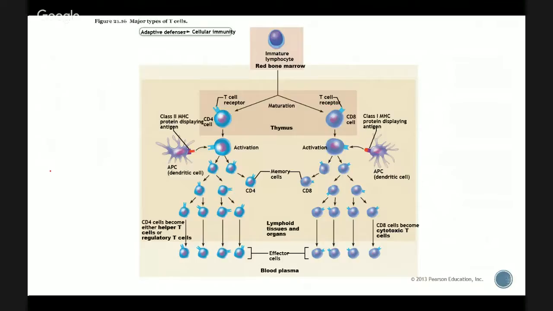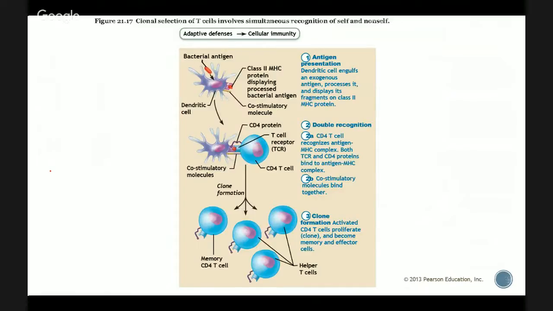All right, so as we said before, when we get the T cell to bind to something, it has to accomplish that double recognition process. All right. So first of all, if we look at this top picture here, what we're seeing here is that the dendritic cell in this case has to engulf the antigen, in this case from a bacteria.